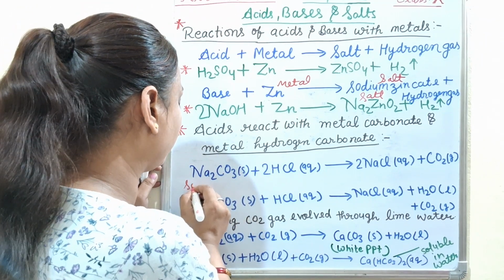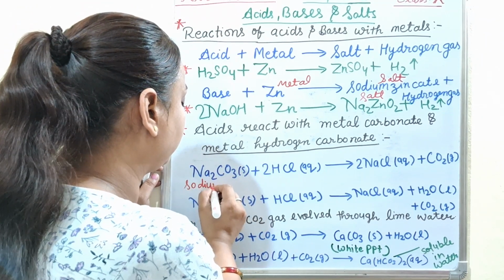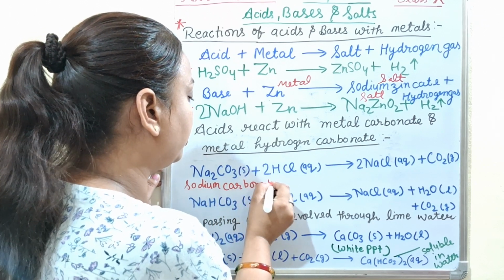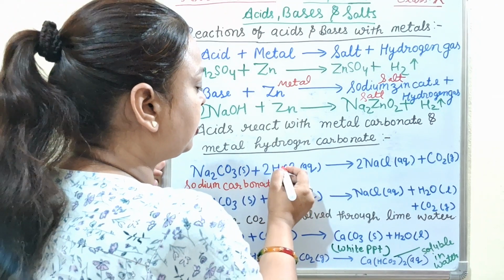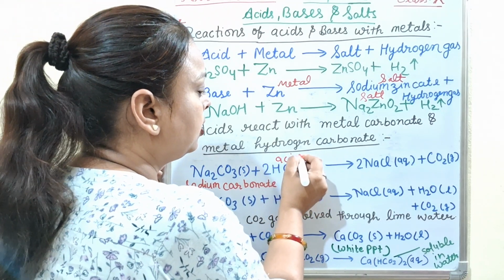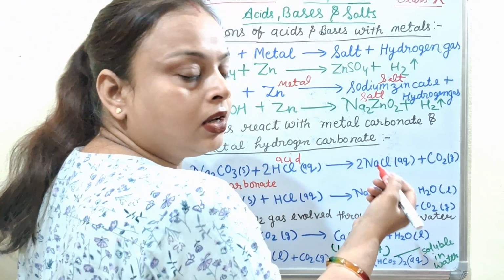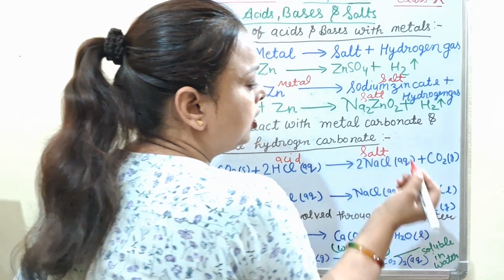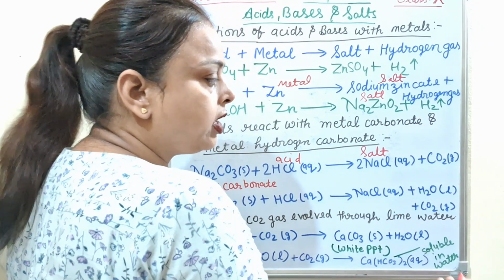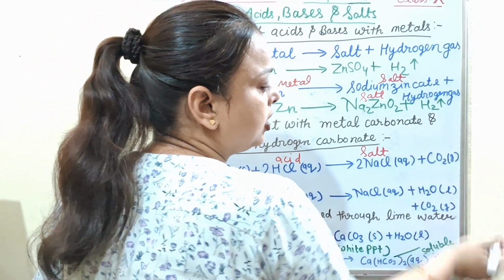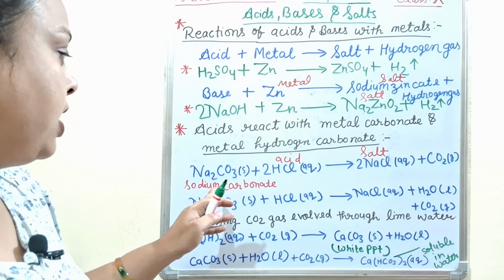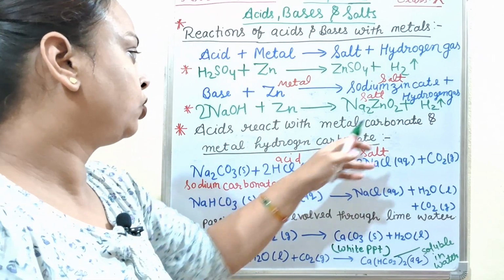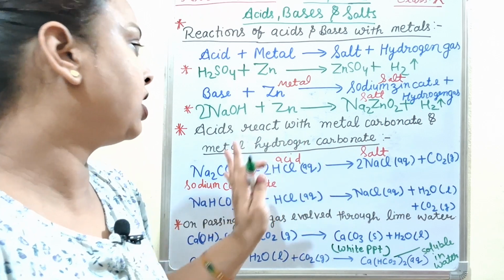Its name is sodium carbonate. When it reacts with HCl, the acid, it forms NaCl. You know about NaCl, this is common salt or table salt, and carbon dioxide gas is eliminated. So here is the reaction of acid with sodium carbonate, a metal carbonate.